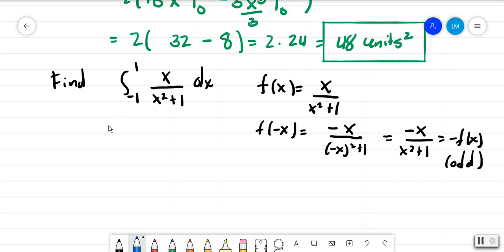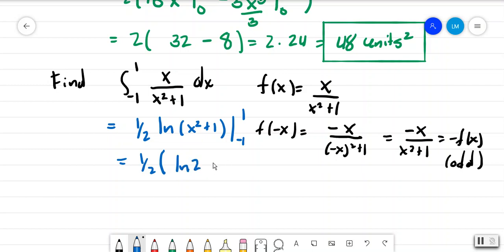Now, in the event that we didn't know how to do this, you would have to show that this is 1/2 the natural log of x squared plus 1 from negative 1 to 1, which would be 1/2 multiplied by ln of 2 minus ln of 2, and that just gives you 0.